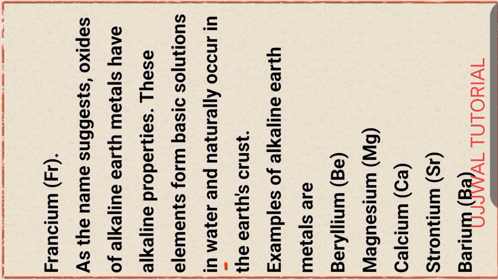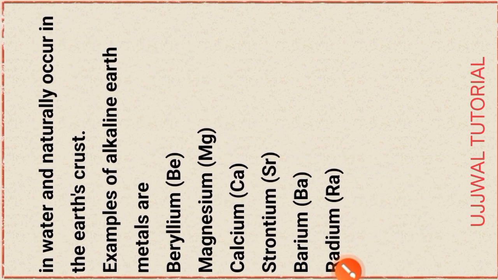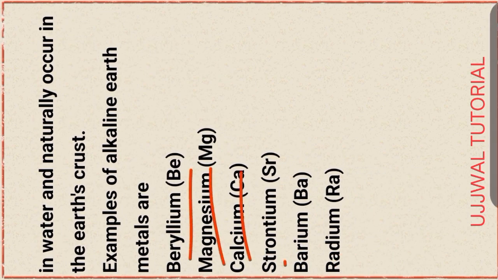As the name suggests, oxides of the alkaline earth metals have alkaline properties. These elements form basic solutions in water and naturally occur in the earth's crust. Examples of alkaline earth metals: beryllium, magnesium, calcium, strontium, barium, radium. They follow the same pattern in the atomic number series.